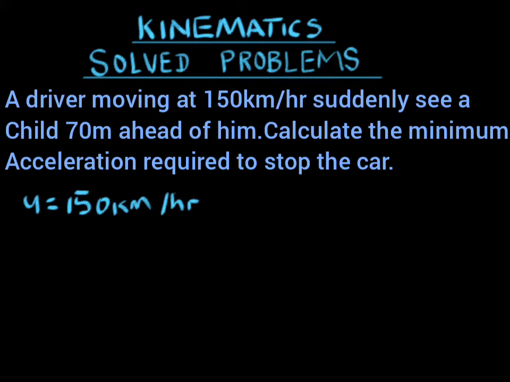Now notice that our distance is given in meters, so we have to convert this velocity to our SI unit, which is meter per second. Since 1 kilometer is equal to 1000 meters, we multiply by 1000, and since in 1 hour there are 3600 seconds, we divide by 3600.